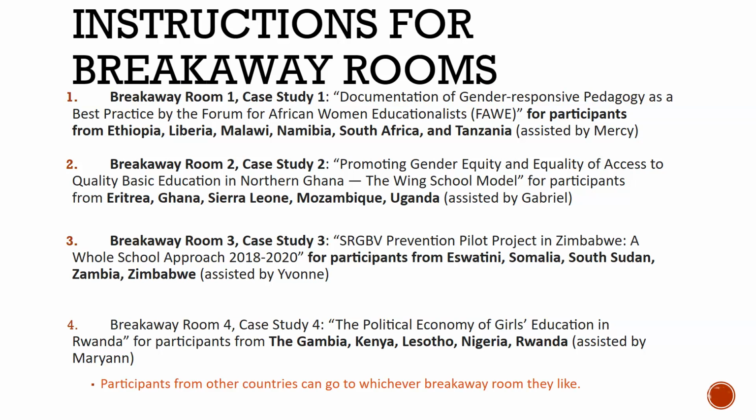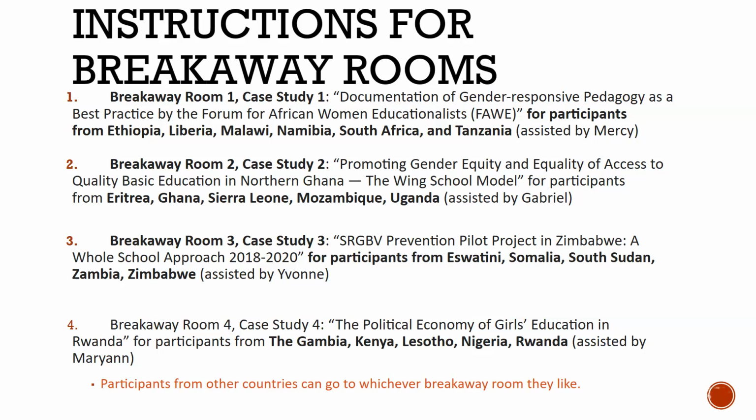Breakaway Room 2, case study 2, is promoting gender equity and equality of access to quality basic education in Northern Ghana, what is called the Wing School model. This is for participants from Eritrea, Ghana, Sierra Leone, Mozambique, and Uganda. This group will be assisted by one of our coordinators, Gabrielle.